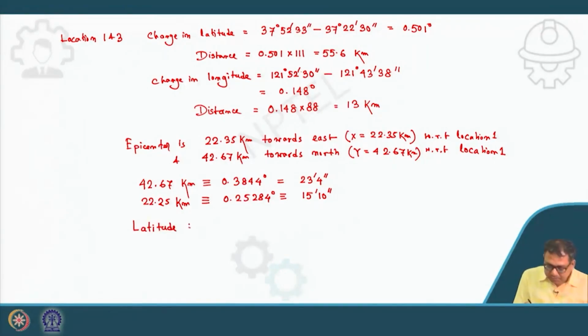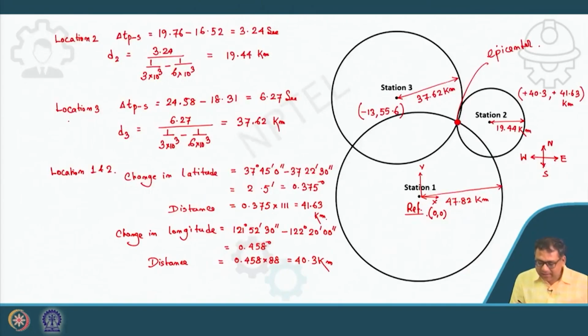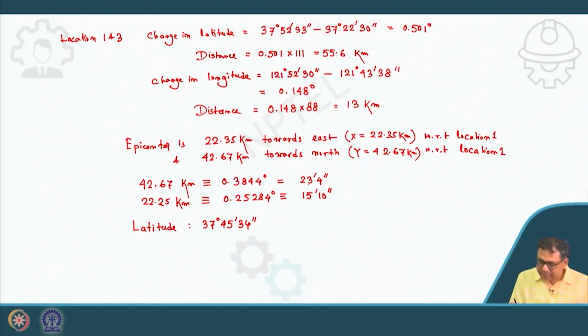Now finally I will get the latitude of that point. The epicenter will be 37 degree 45 minutes 34 second. How am I getting that? Here station 1 is 37 degree 22 minute 30 second, and it is towards the north. So I have to add 23 minute 4 second.